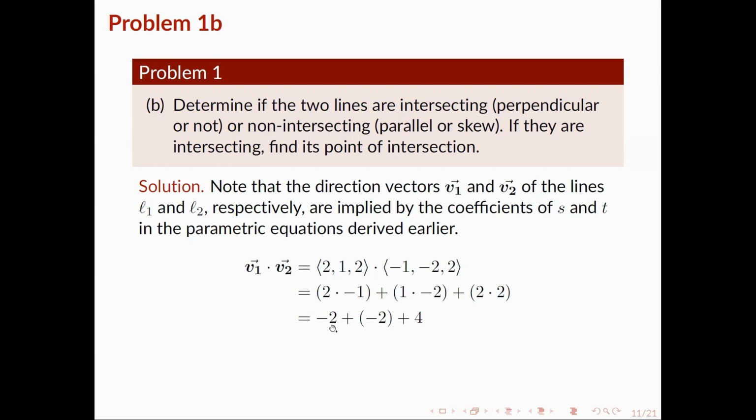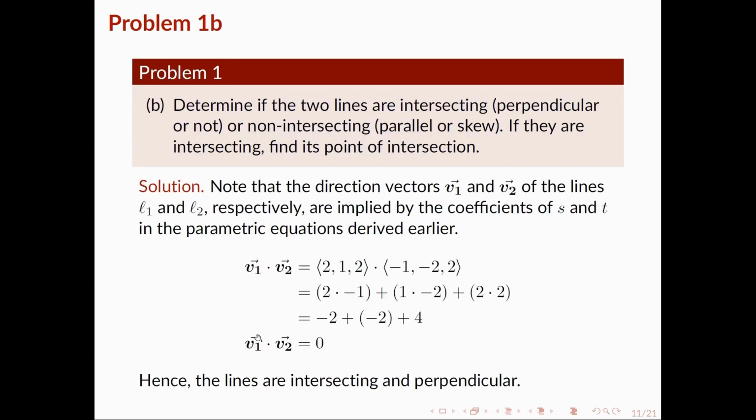So we're going to have negative 2 plus negative 2 plus 4, which is equal to 0. So dahil ang dot product nito ay equal to 0, this implies that the direction vectors are perpendicular. Therefore, we conclude that the lines are perpendicular and are also intersecting.